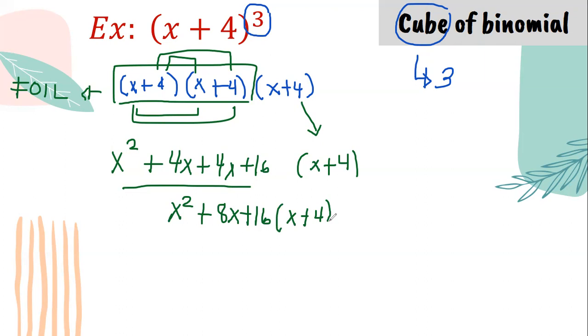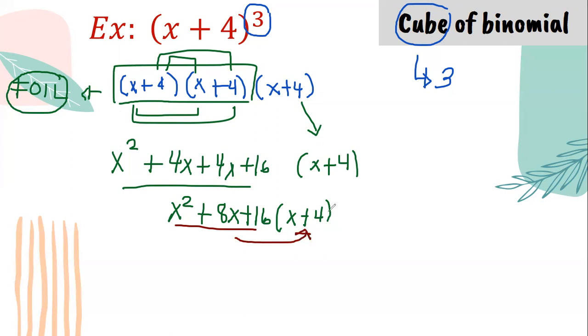Are we going to use the FOIL method again? Of course not. We cannot use the FOIL method because FOIL method po ay para lang sa binomial to binomial. But as you can see, this is not a binomial to binomial anymore. This is a trinomial to a binomial na po.